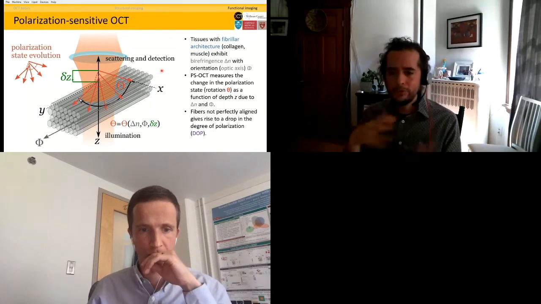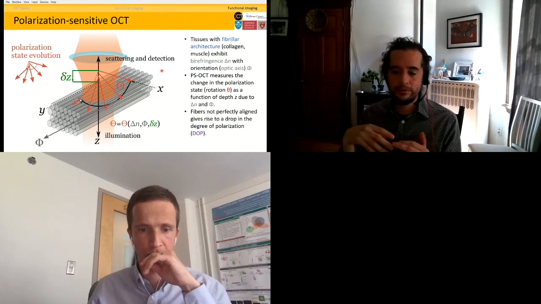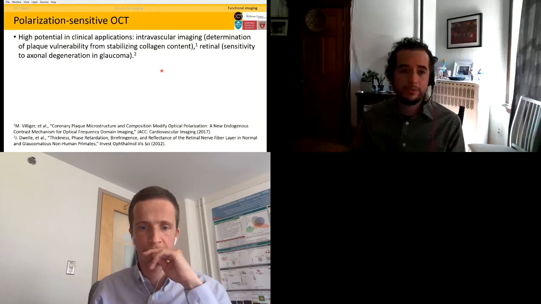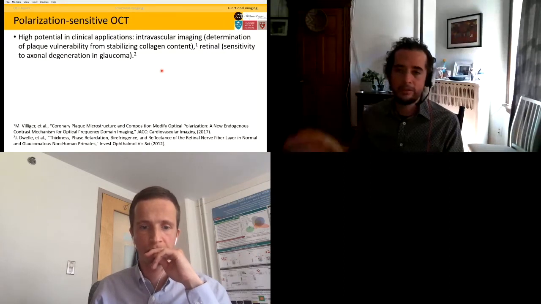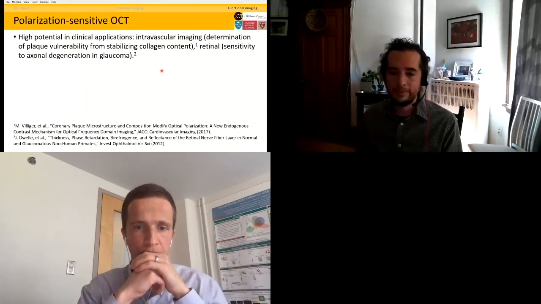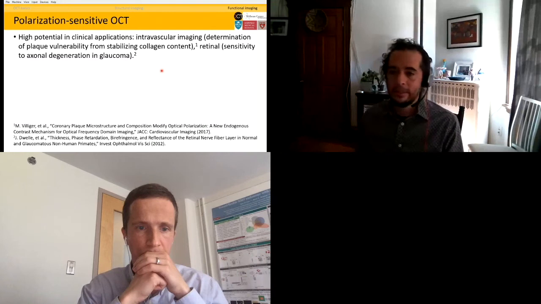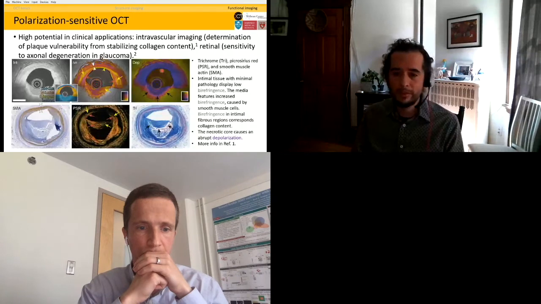Also, when fibers are not perfectly aligned, this can give rise to depolarization effects. So there's high potential for PS-OCT in clinical applications such as intravascular imaging, because of the work that Martin Villiger has been leading, or in retinal imaging to be sensitive to axonal degeneration in glaucoma, for example.